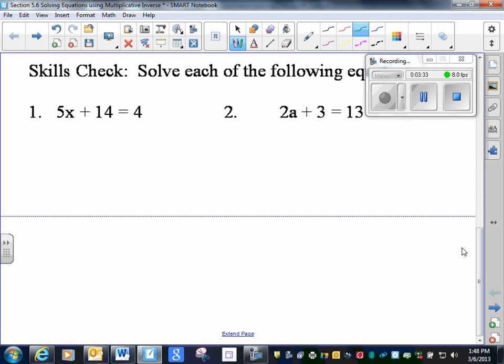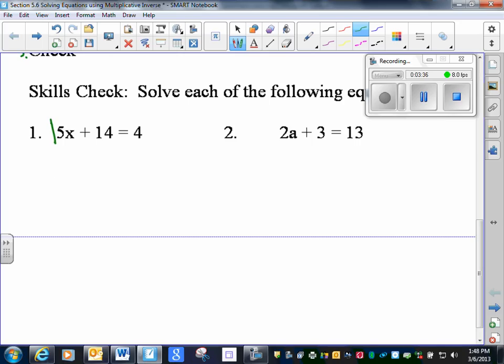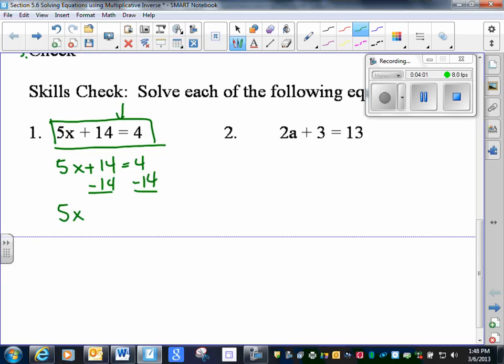As a reminder, we're going to box up our equation and rewrite it. This is actually just a skills check, from way early back in Chapter 3. We're going to subtract 14 from both sides. We're going to line up our equal signs nice and neatly, and we're going to have 5x equals negative 10. Divide both sides by 5, the coefficient of the variable, and x is going to be negative 2.